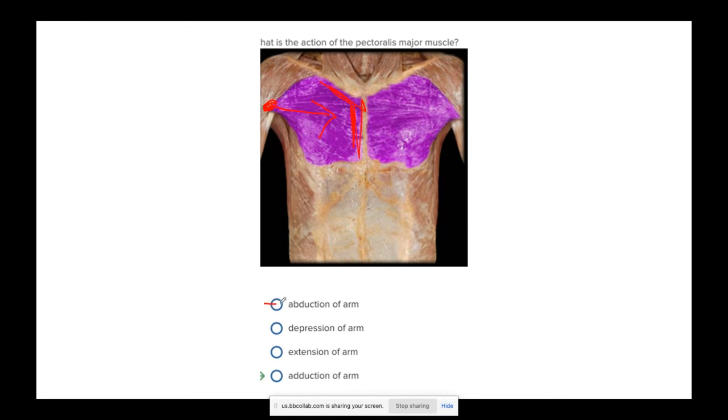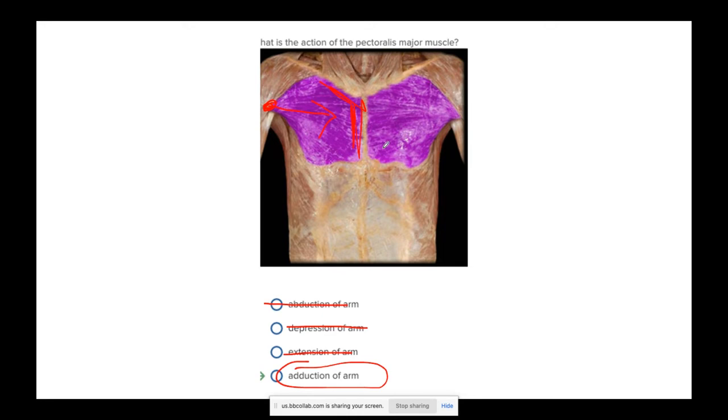So that's not abduction of the arm. It's not depression of the arm. There's no such thing. A muscle on the front cannot extend the arm. A muscle on the front has to flex the arm. Muscles on the back extend. So this is going to adduct the arm, right? So if your arm is out to the side, adduction is bringing it back to midline.